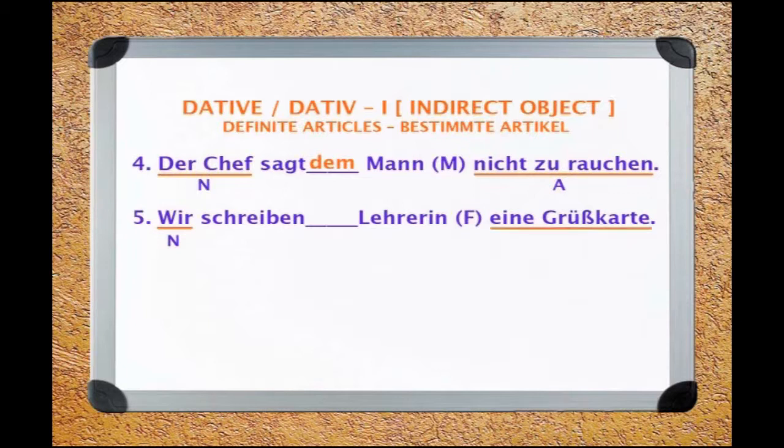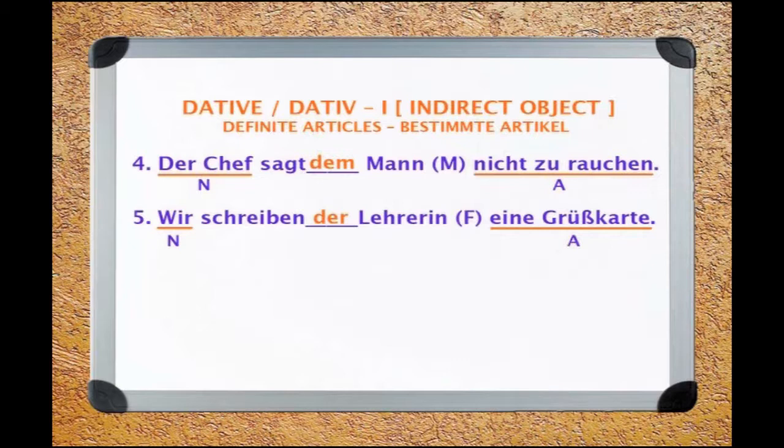And that what becomes accusative, the direct object, which is eine Grußkarte, and to whom is the greeting card written, and the person, as you know, who is the beneficiary of whatever happens in a sentence, is always a dative and is always a living thing. So therefore Lehrerin we have as the dative object, and as you know the article for Lehrerin is die, which is the feminine gender article. So we write there because die becomes der in dative.